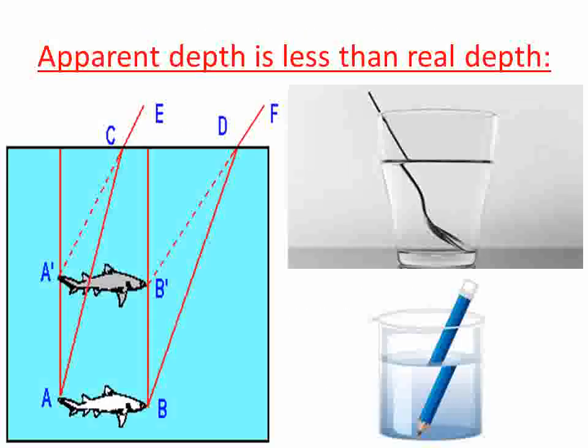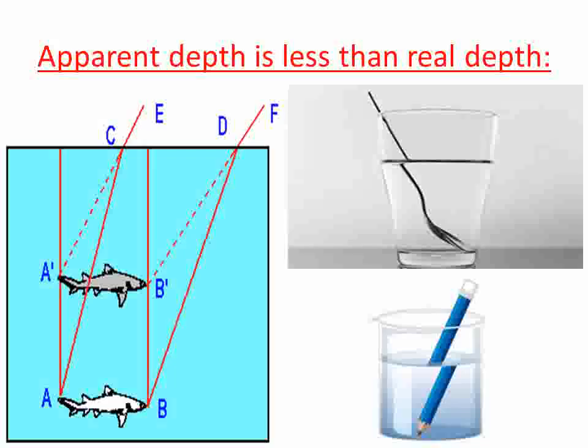Apparent depth is less than real depth. In the refraction of light, water is inside a container and there is a fish at the bottom, AB.